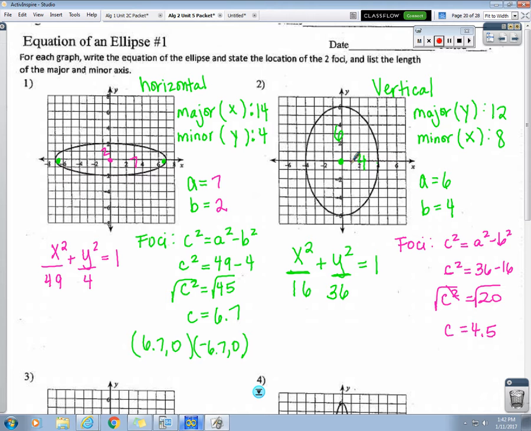Now you obviously can't go 4.5 this way or you'd be outside the ellipse, so that's why your foci always have to be plotted on the major axis. So 4.5 up and 4.5 down, which makes the two coordinates of the foci 0, 4.5 and 0, negative 4.5.